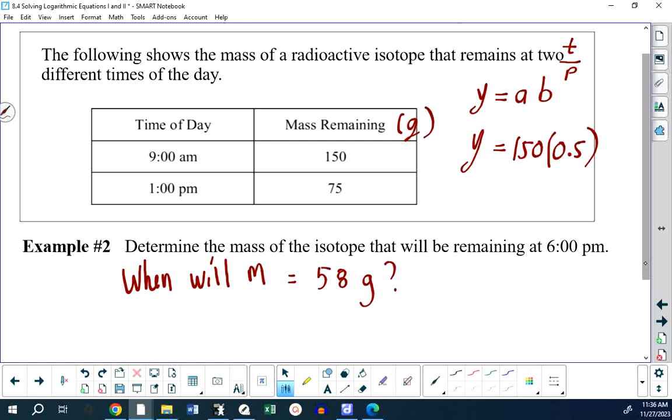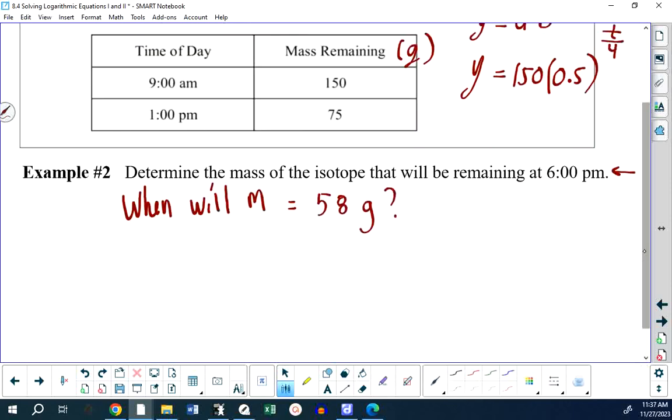You start off at 150, and then they give you the 75 grams left, which is exactly half. So how many hours is it from 9 till 1? 9, 10, 11, 12, 1. 4 hours. So the period of having is 4. We want y to be 58.